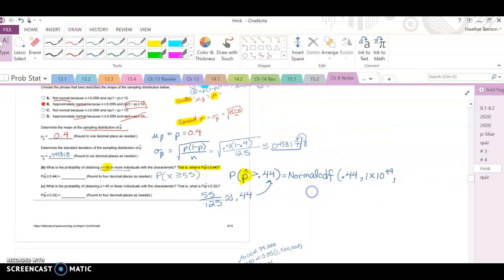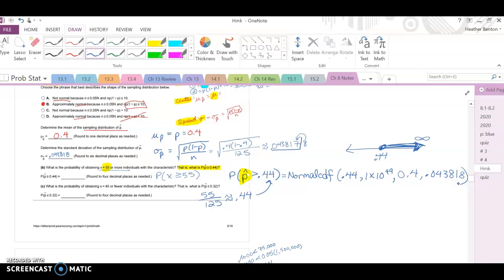So we're going to go to our calculator. We're going to do 0.44. We want to go greater than that. So that's going to be 0.44 up to infinity. We describe that as 1 times 10 to the 99. And then our mean is 0.4 and our standard deviation is 0.043818.